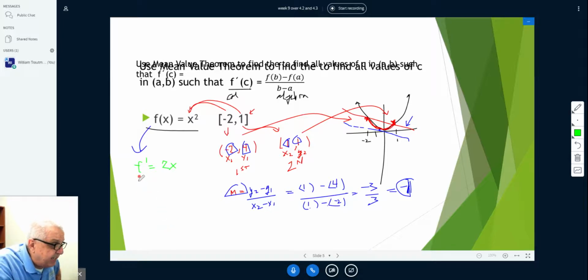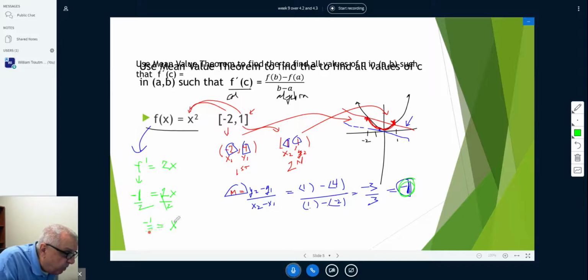And once again, f prime is the slope, and we know we want the slope to equal -1, so I'm going to put a -1 here. Do you see? We want the slopes to be the same. We know the slope equals -1. F prime is the slope. If I divide both sides by 2, I know the slope is -1 at x equals -1/2. Do you see? At that point, that's -1/2.